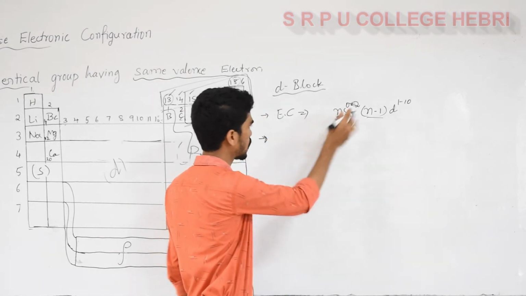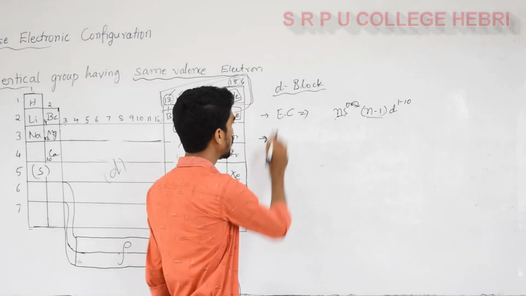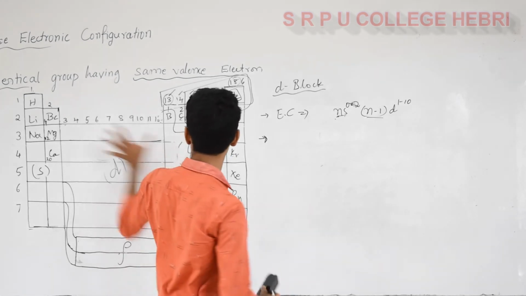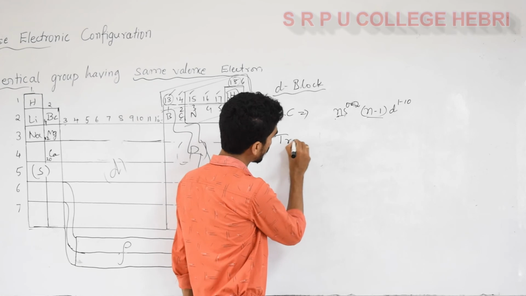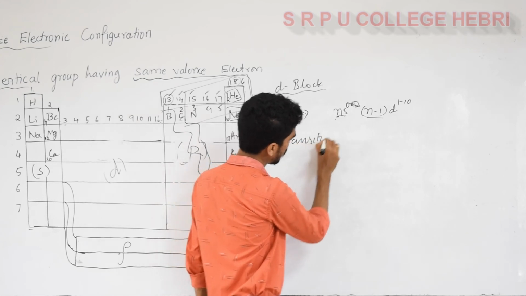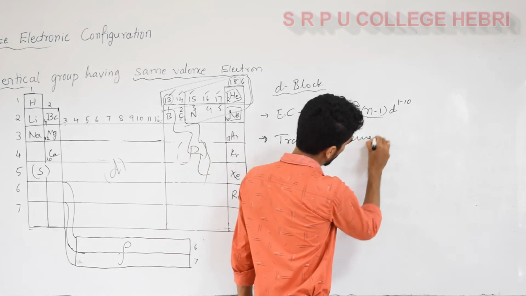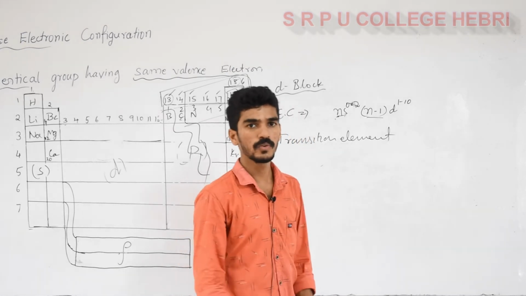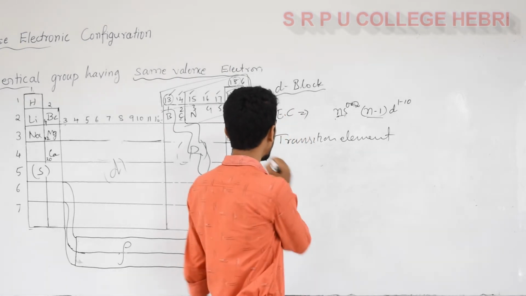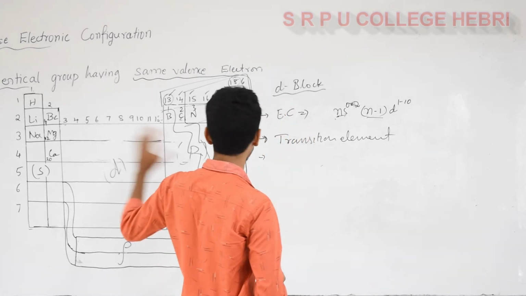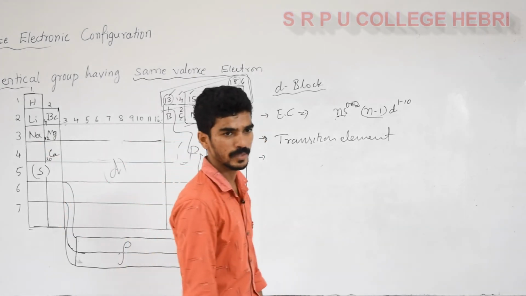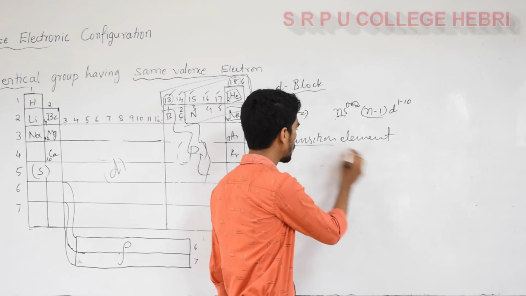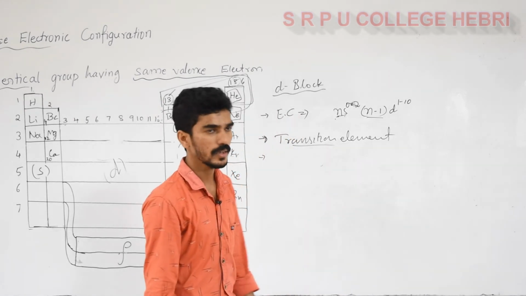You should just remember the electronic configuration, and this set of elements is also called transition elements. This set of groups is called transition elements. It lies just like a bridge between the s block and p block elements.